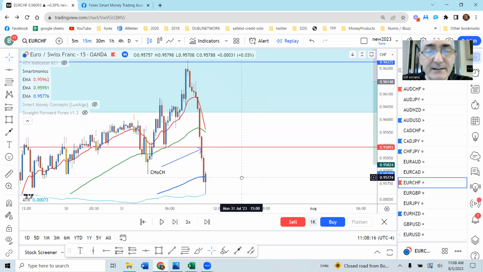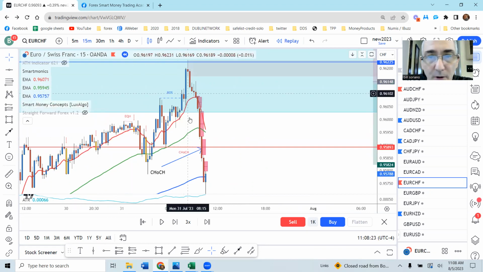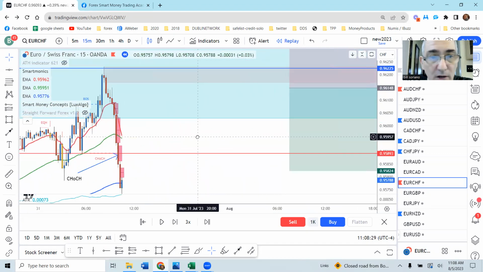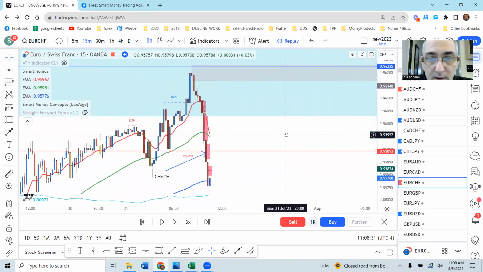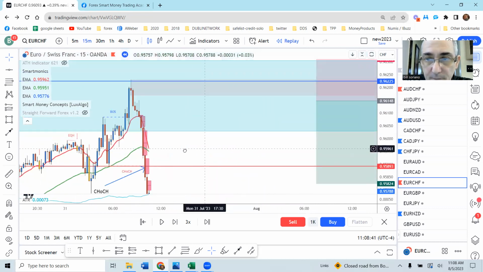So now we have to identify an order block to take this trade at. And again, you can use the indicator to help you with that. It's taking you all the way back up to here because there's really nowhere else to go. There's no other order blocks here on the 15-minute chart that you can use. There's all kinds of imbalance, but there's really no order blocks.